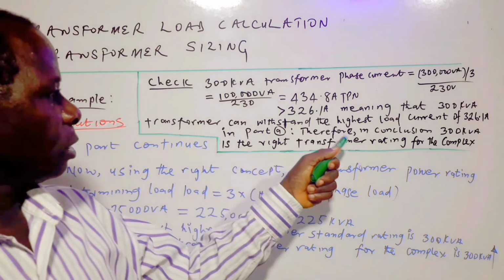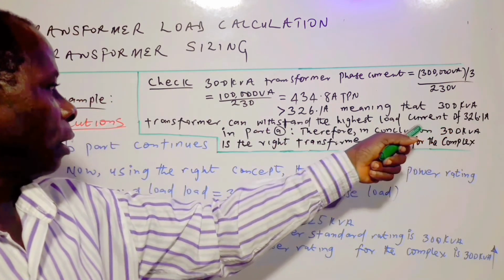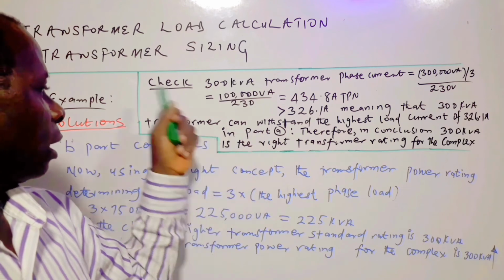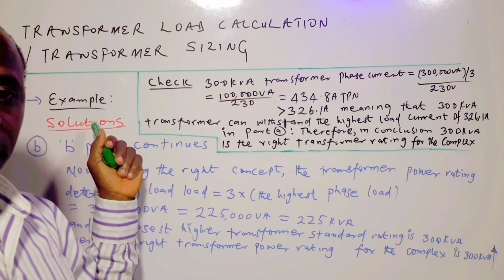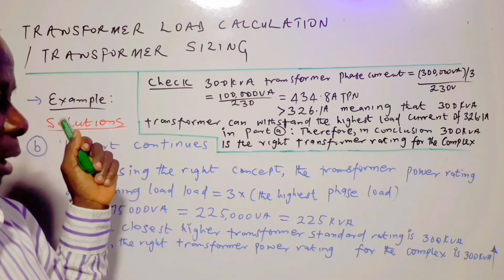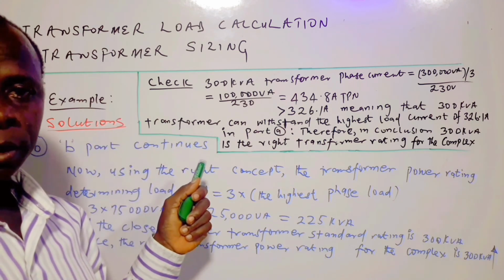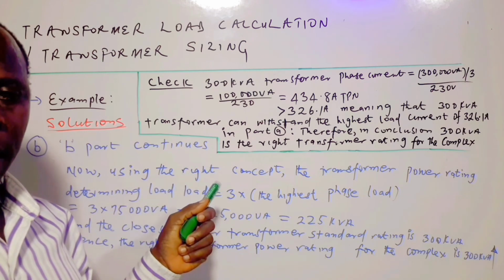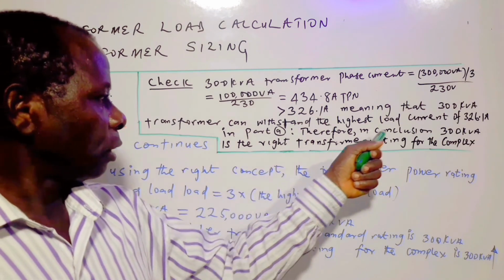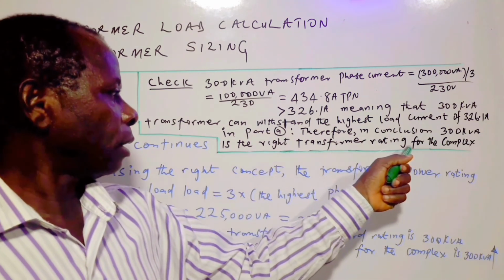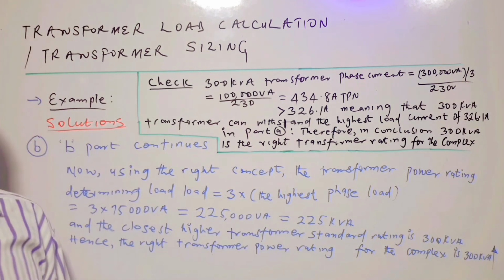That means the 300 kVA transformer can withstand the highest load current of 326.1 ampere in part A. That is the phase current that we calculated in part A, and that is the highest current that we can get from the given power requirement of the complex. Therefore, in conclusion, 300 kVA is the right transformer rating for the complex, just as we said earlier.